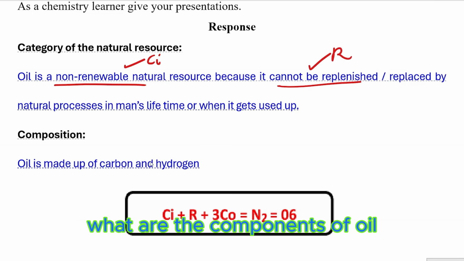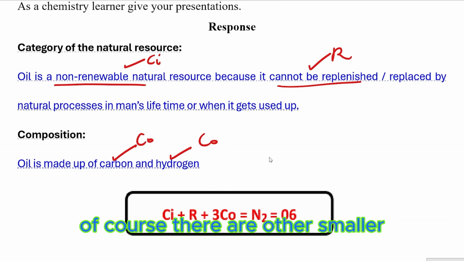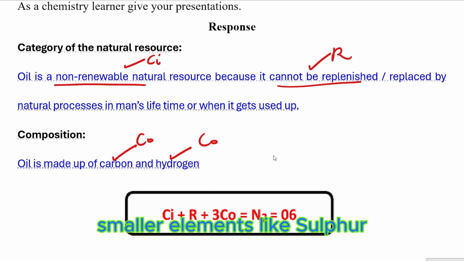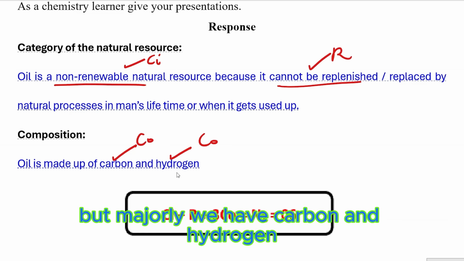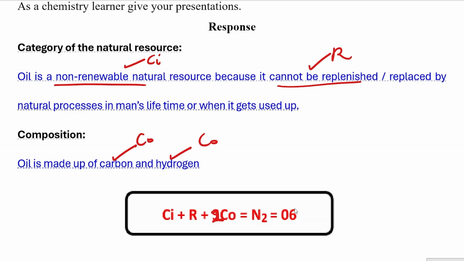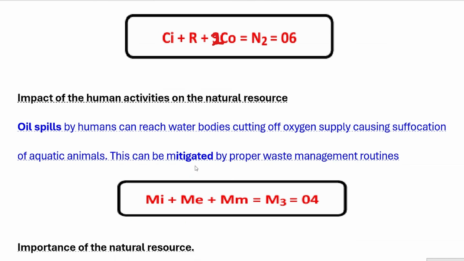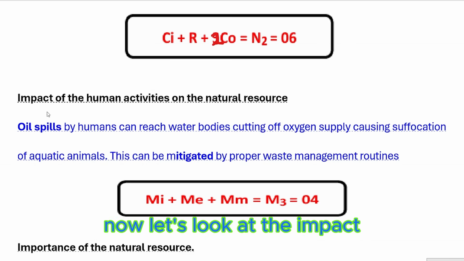Reason: what are the components of oil? It's basically carbon and hydrogen. There are two major components. Of course, there are other smaller elements like sulfur, but majorly we have carbon and hydrogen. So you state that. Here also, two components. Impact of human activities: now let's look at the impact.